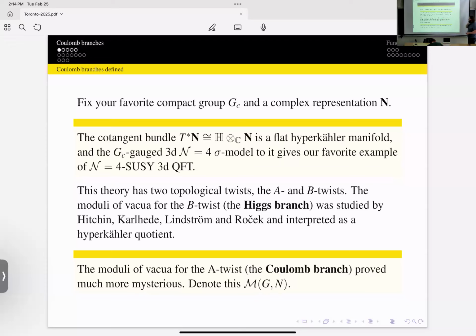Let's not worry about what they are, but if you've heard about the A model and the B model and homological mirror symmetry, that's a story about 2D sigma models into Kähler manifolds. This is some upgrade of it, where we're thinking about 3D models and hyperkähler manifolds. The hyperkähler is somehow forced on us by upgrading from 2D to 3D.